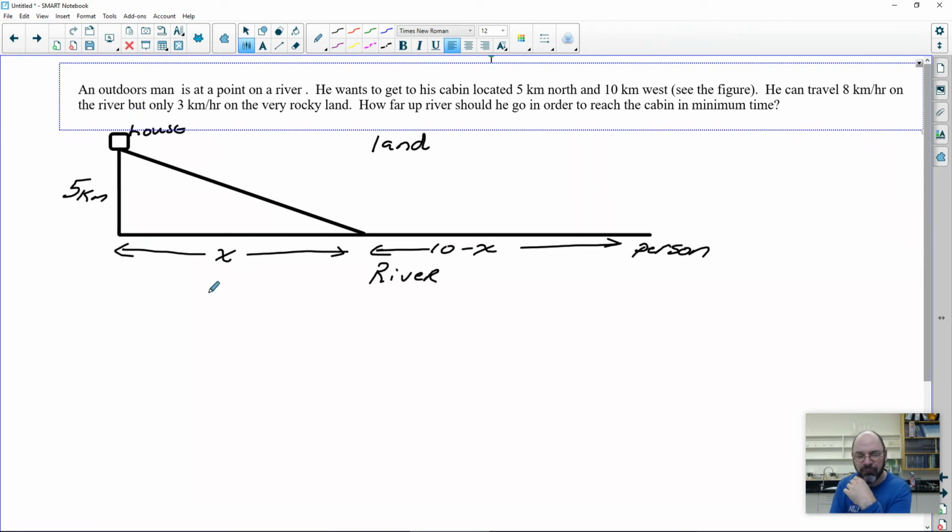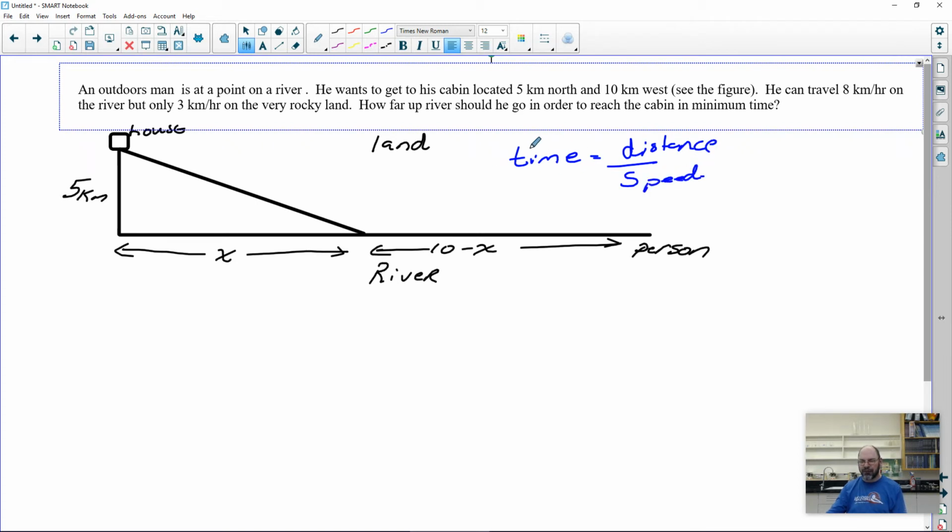So he wants to minimize his time to get to his cabin. In terms of speed and distance, time is equal to distance divided by speed. That's what we're going to use to solve this one.